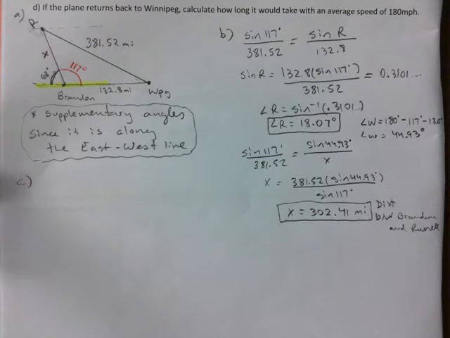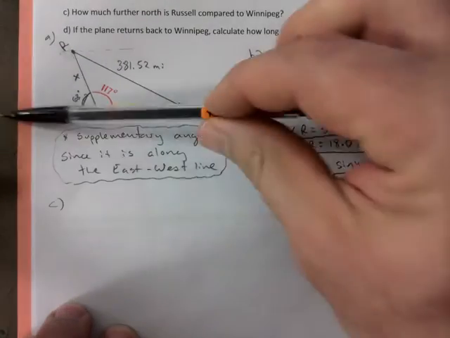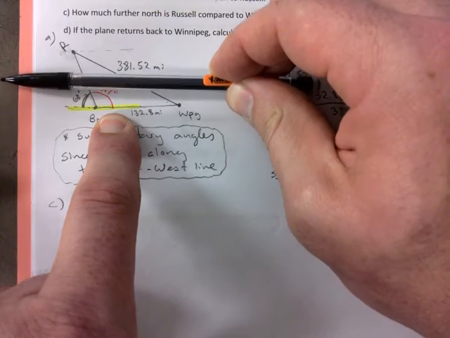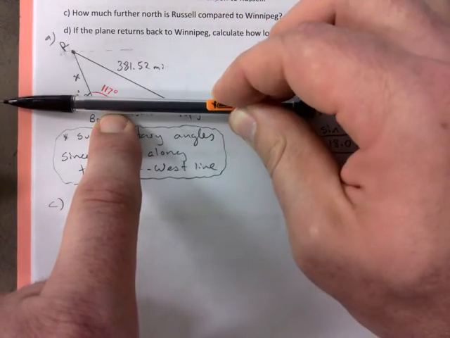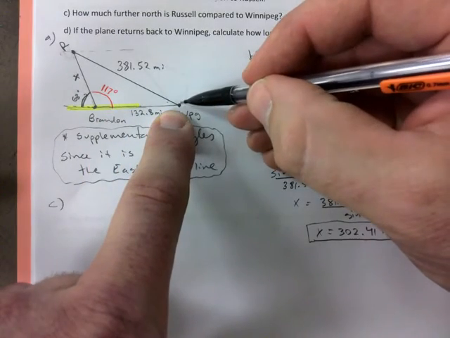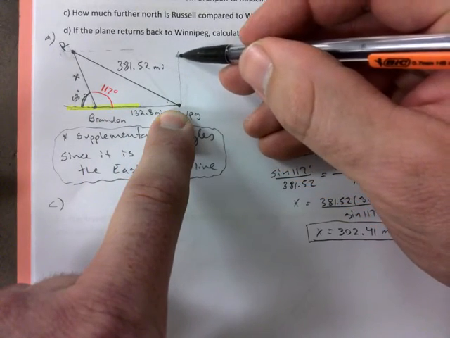Francis, you can't answer it. Somebody else has to answer. How would you figure that out? What is it even asking? Right, so we know that Brandon and Winnipeg are here. It's asking how much further north is it? Like how much further to the north are you?